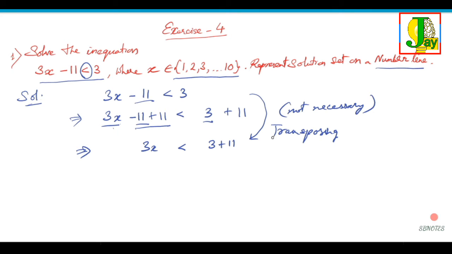Okay, you're transposing the numbers. So actual में ये होता है, and you are transposing this. So now you have 3x less than 14.